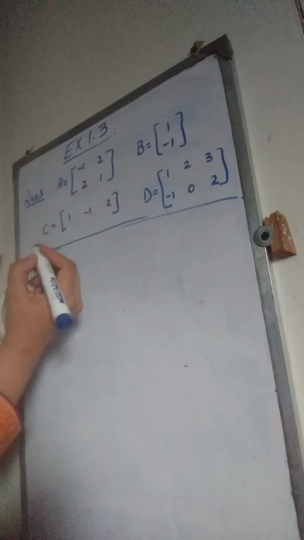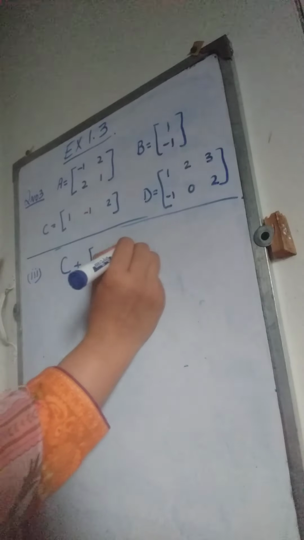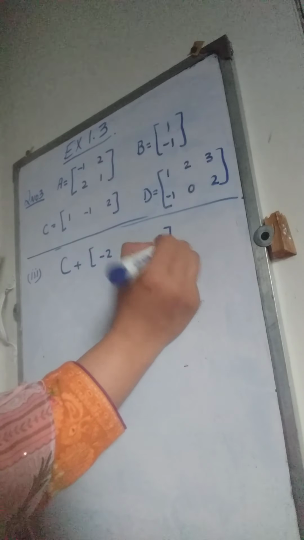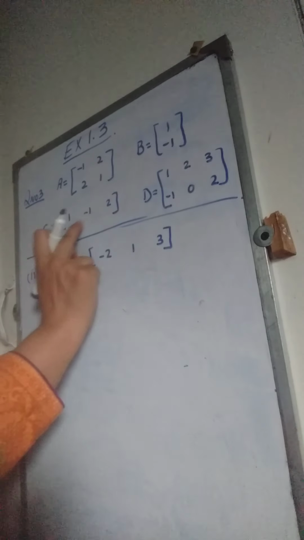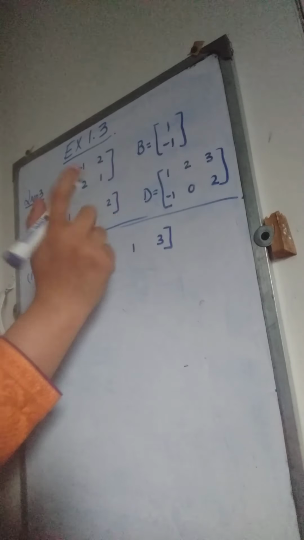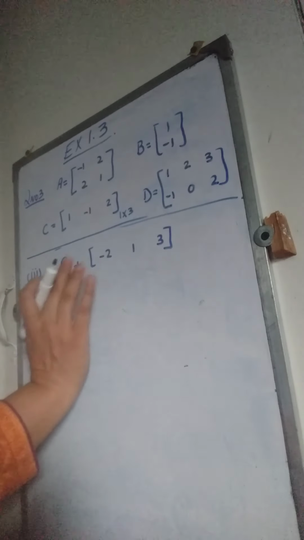The third part is you have to add C to the matrix -2, 1 and 3. The C matrix is 1, -1 and 2. Its order is 1 by 3, and the order of this matrix is also 1 by 3, so they can easily be added.